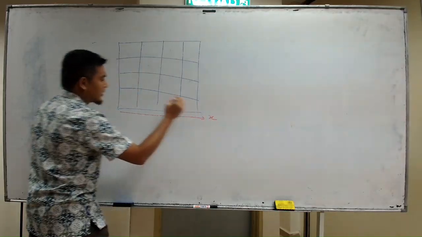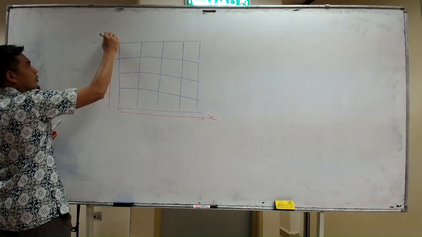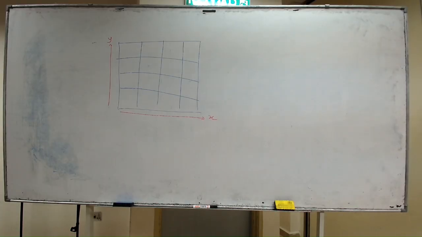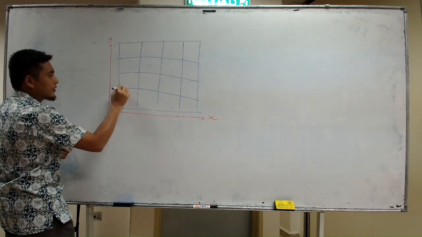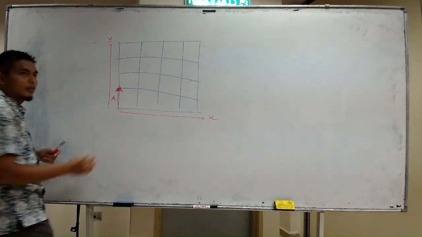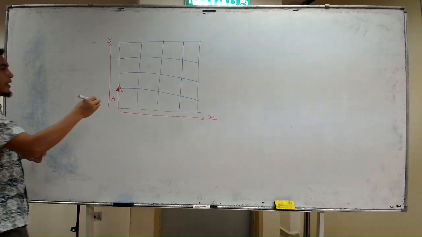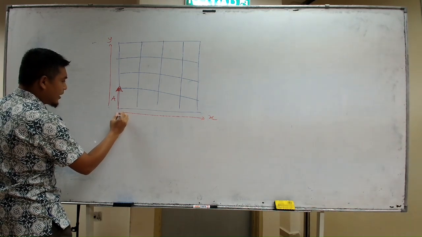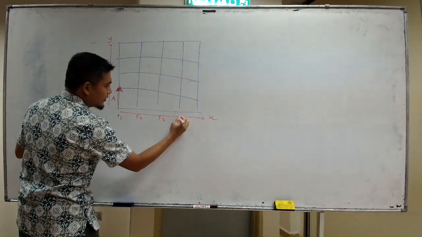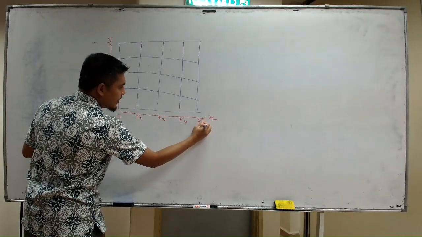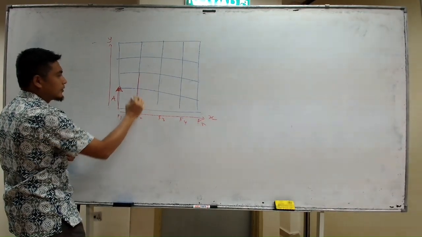This is X, this is Y. And this is your reference, the value is A. Then I say this is F1, F2, F3, F4, F5.